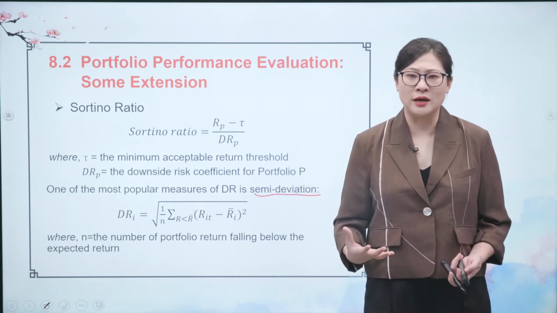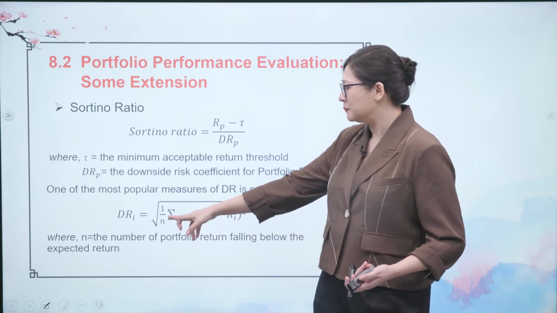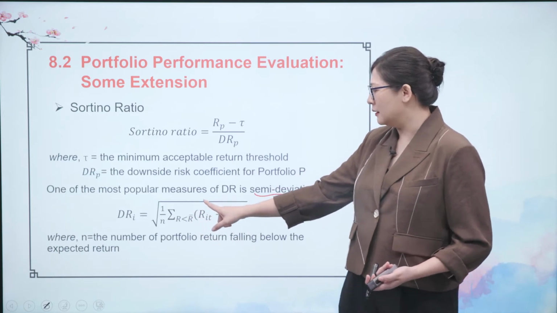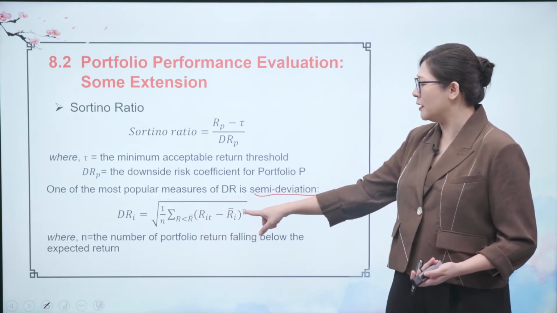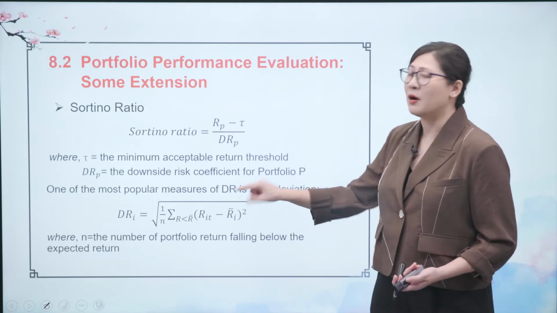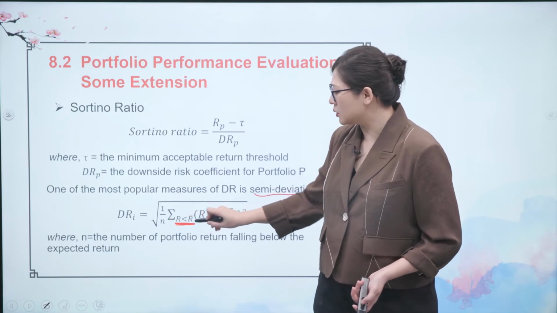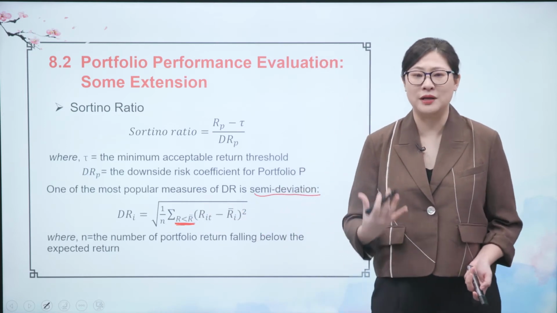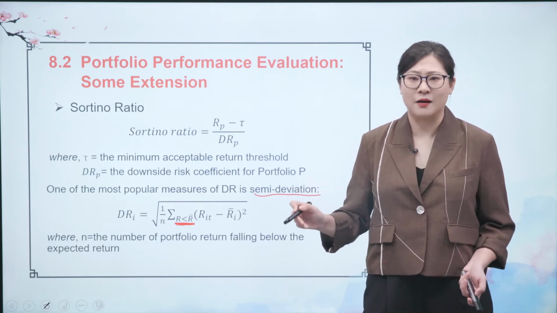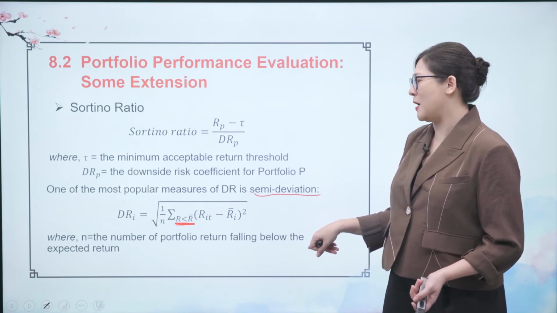And the equation for this downside risk is based on 1 over n times the sum of (R_it minus R_i bar) squared. But now we have a criterion, which is that our return should be lower than R bar. So this R bar is the average expected return.